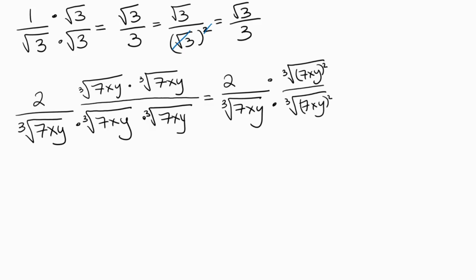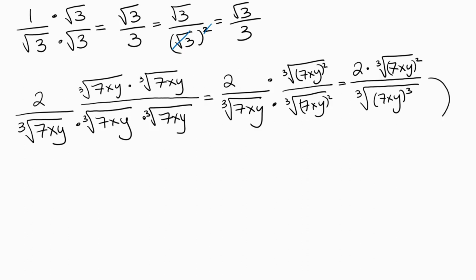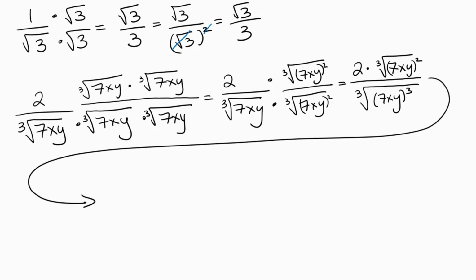Right? So your call. Now, what happens when we do this on the bottom is, notice now we have a cube root of 7xy cubed, right? Because there's 3 of them. On the top, we have 2 times the cube root of 7xy squared.